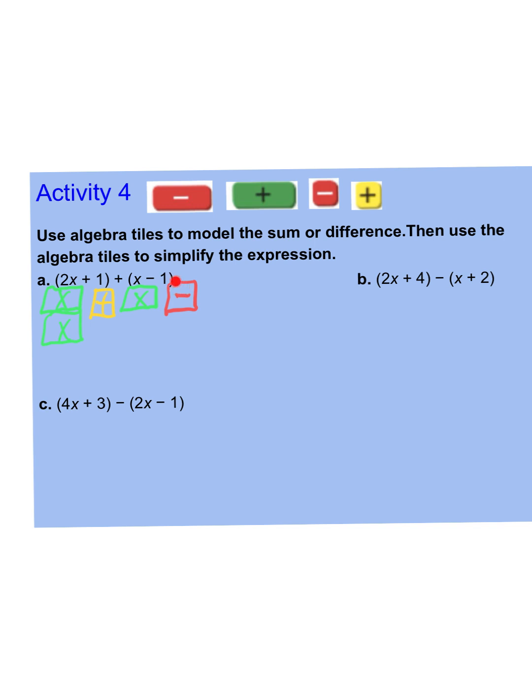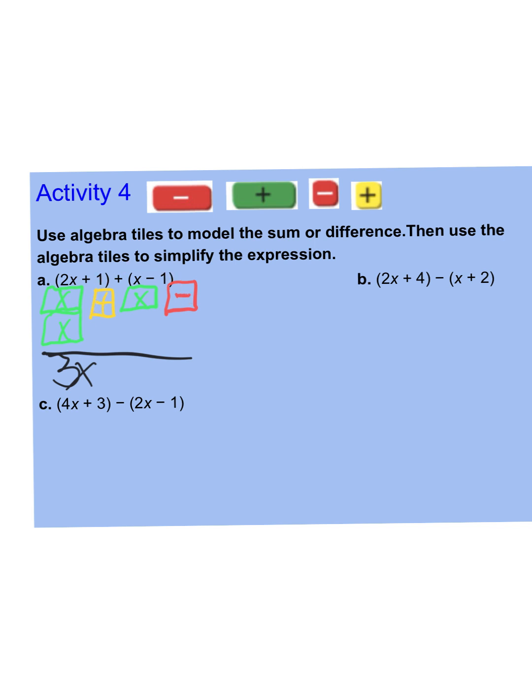Remember what I said. We're going to ignore the parentheses, and we're just combining like terms. We're going to add things up. We're going to count. So I count 1, 2, 3 x's. So I'm going to say I have 3 x's, and I have a positive 1 and a negative 1.